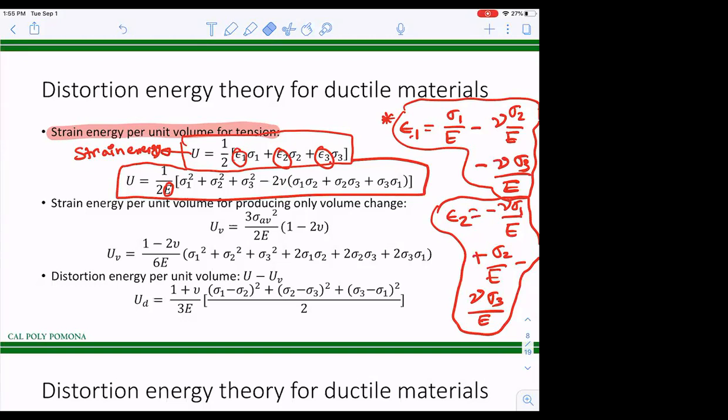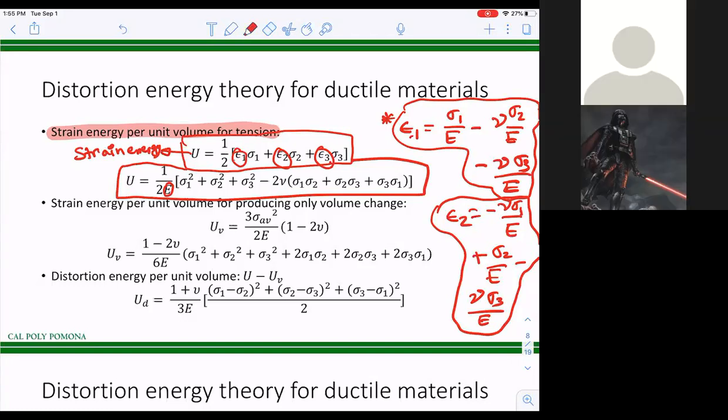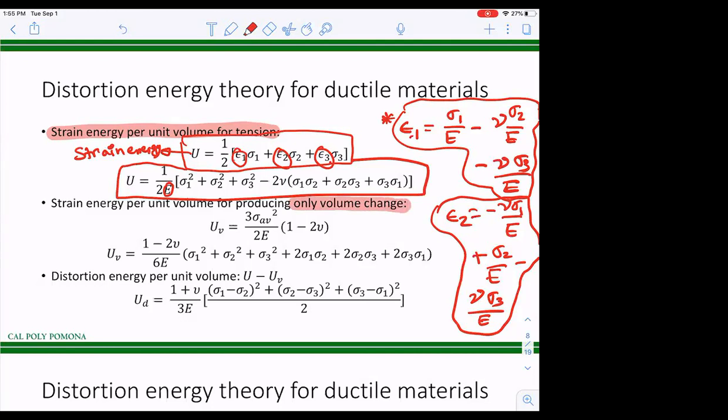All right, now let's move forward. Strain energy per unit volume for producing only volume change. If we want to see only volume change, then we are going to replace sigma 1 plus sigma 2 plus sigma 3 divided by 3, which is equal to sigma average.